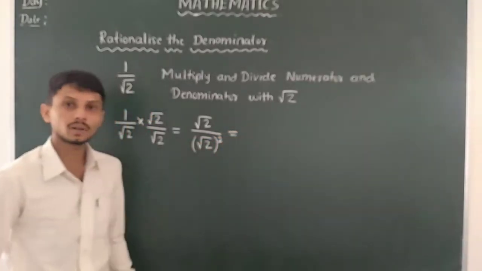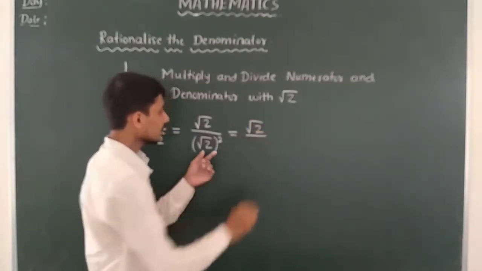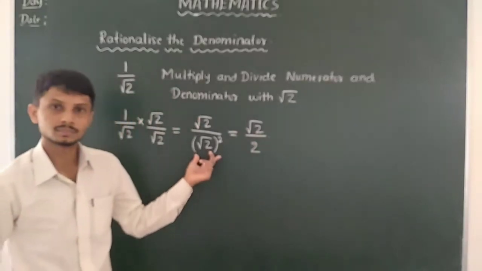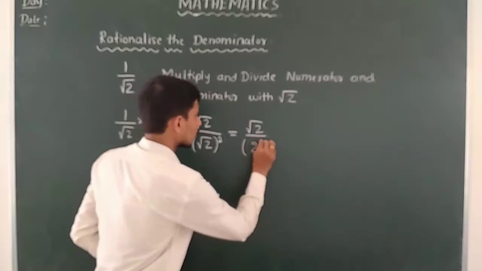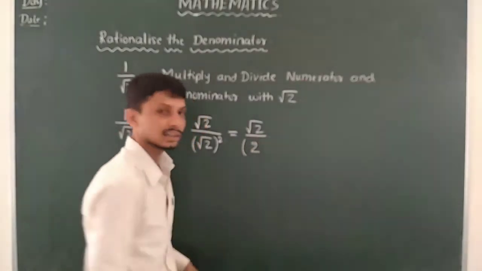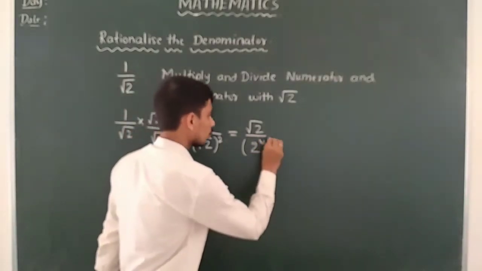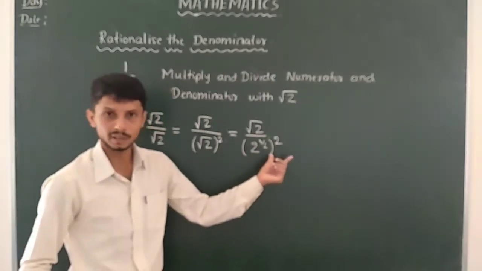Root 2 remains as it is, and root 2 whole square is the value 2. Root 2 can also be written as 2 raised to 1 by 2, whole raised to 2.